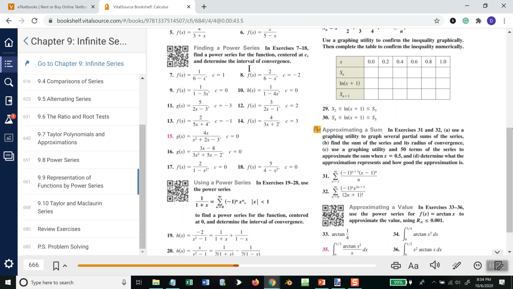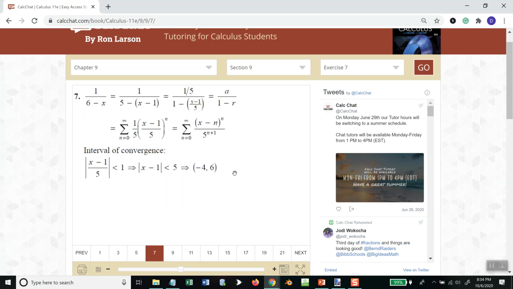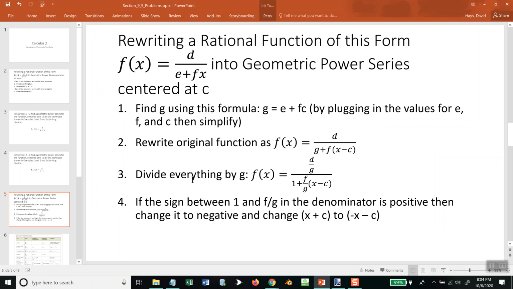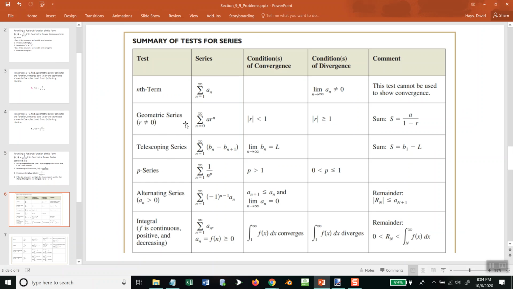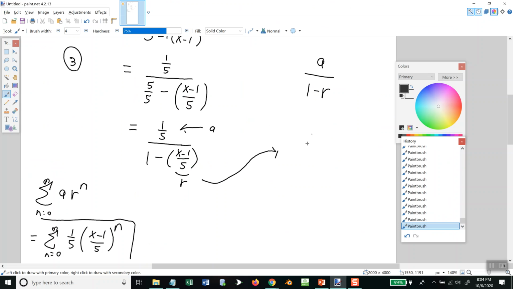Second part is determine the interval of convergence. And since this is geometric, again, geometric goes back to the absolute value of r is less than 1. So the absolute value of r is less than 1.